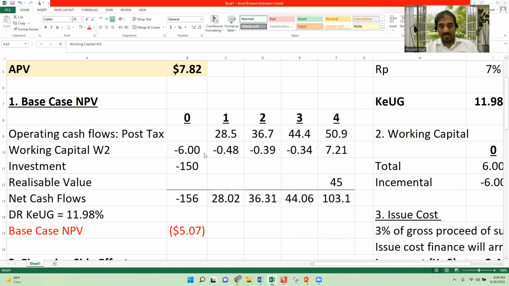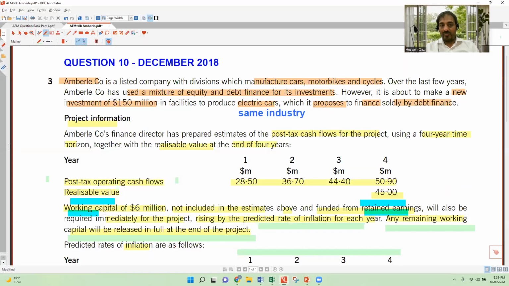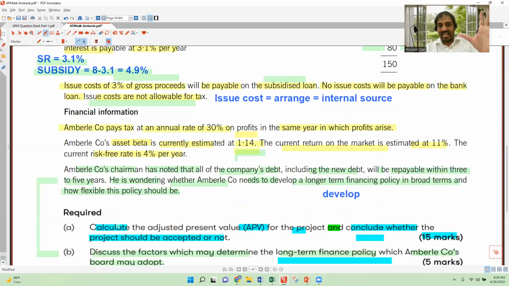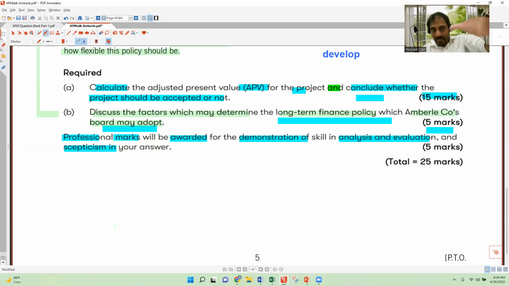So first thing, once again, professional marks are embedded in all parts of the question, including theory. In the calculation we have taken the right data and put it in the right format. That's the first thing of the professional marks.